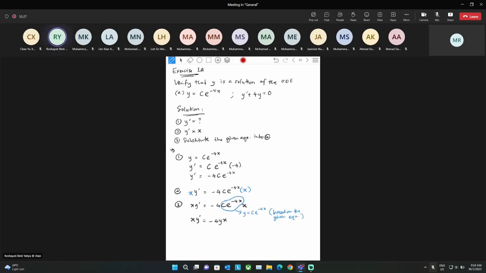Then you can cancel out. Always compare. Here is y prime plus 4y, so no x. So at the same time you can cancel this x. Then what's left? y prime equal to negative 4y. And then you move 4y to the left, equal to 0. So it is verified that it is the solution for the ODE.